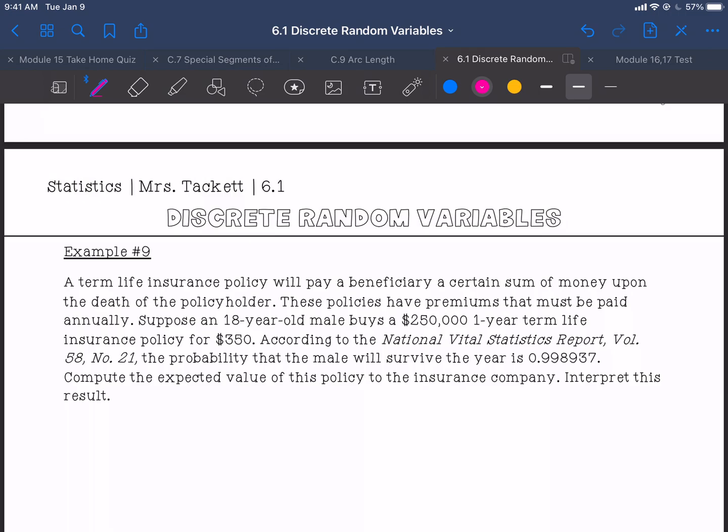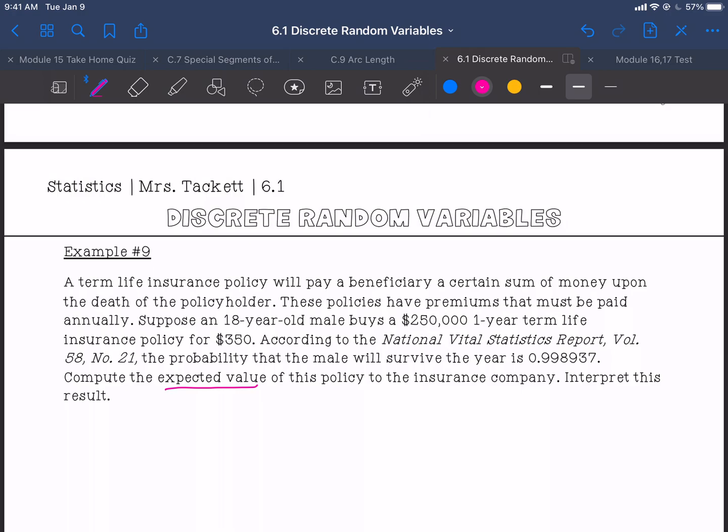According to the National Vital Statistics Report, the probability that the male will survive the year is 0.998937. Compute the expected value of this policy to the insurance company. So we want to know, what do we expect the insurance company to make or lose, I guess.